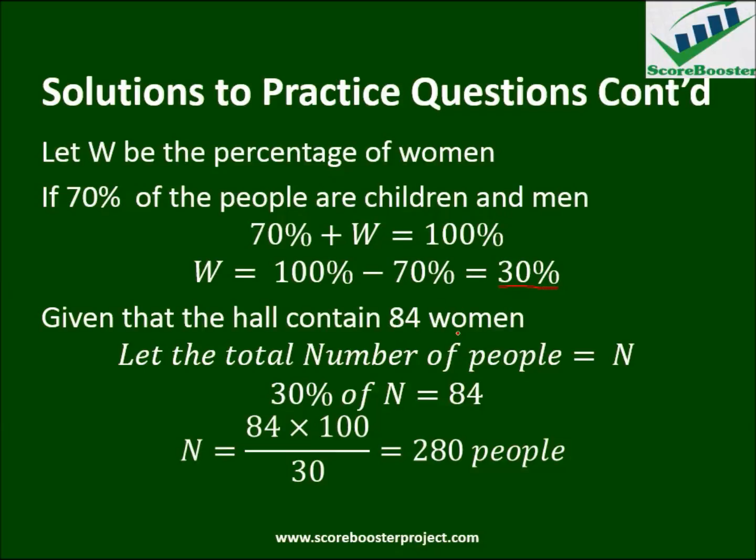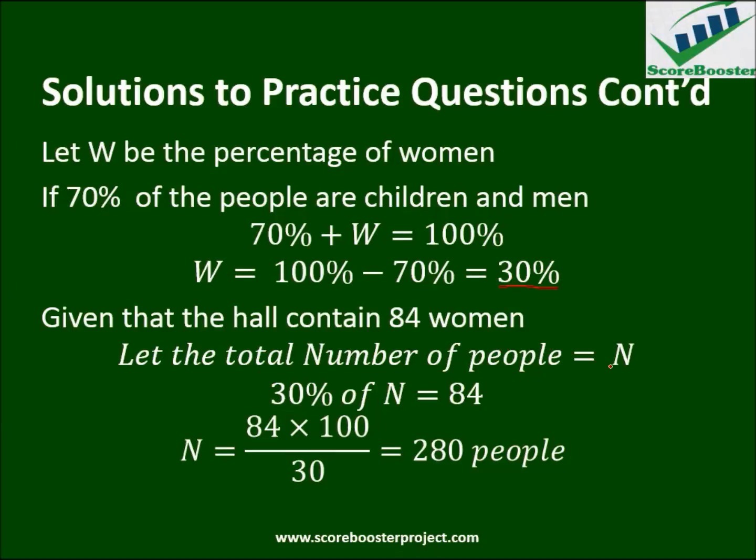And don't forget the assumption made in solving this question is that each of the children, men, and women, which are the categories of people in the hall, will occupy a seat. So it means 84 people in the hall represent 30% of the total.